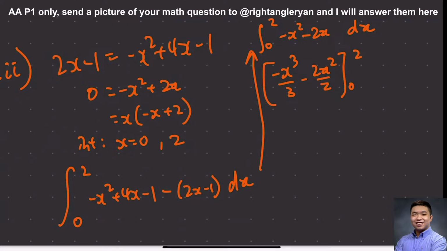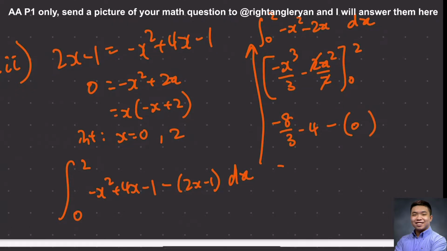So, sub 2 in, negative 8 over 3 minus 4, right? And then subtract by 0 minus 0. Yeah, so it's going to be negative 8 over 3 minus 12 over 3, so it's going to be negative 20 over 3.